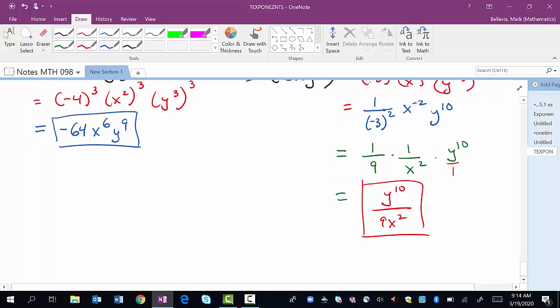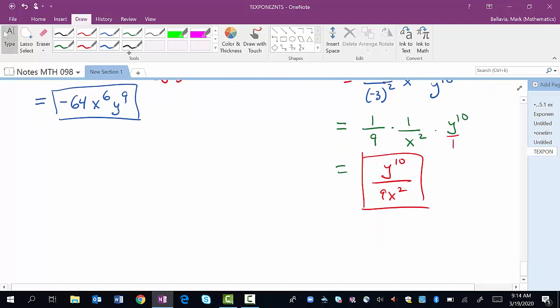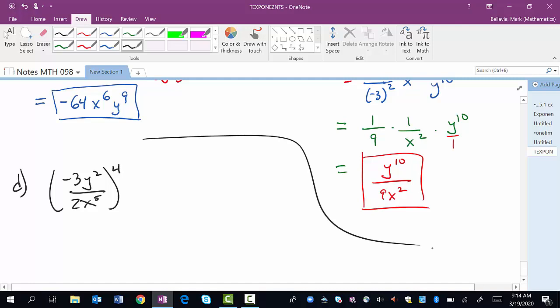All right, we'll look at one more. If I said I had negative 3y squared over 2x to the 5th, and that's all raised to the 4th power.